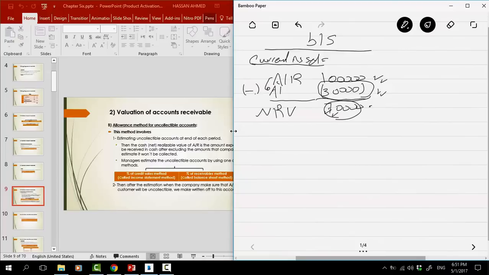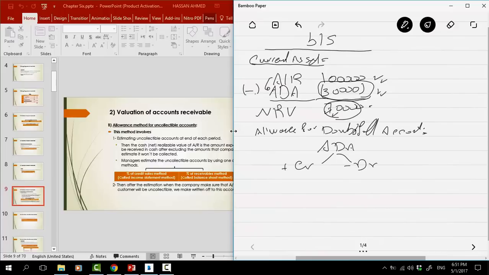This contra account is the allowance for doubtful accounts, or ADA. ADA is a contra asset, increased in the credit and decreased in the debit. This is the estimation that a portion of the accounts receivable might not be collected, and the allowance for doubtful accounts will be recorded in the credit side.